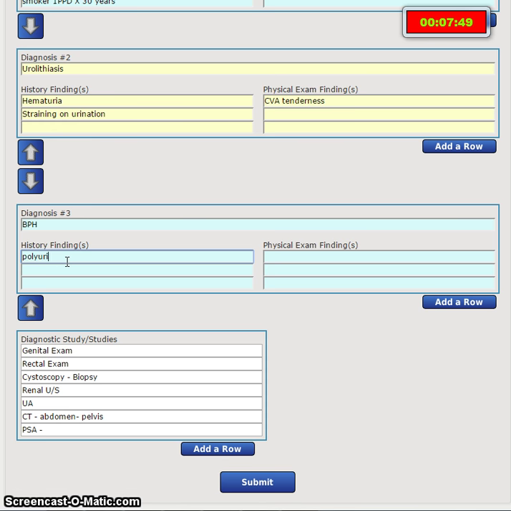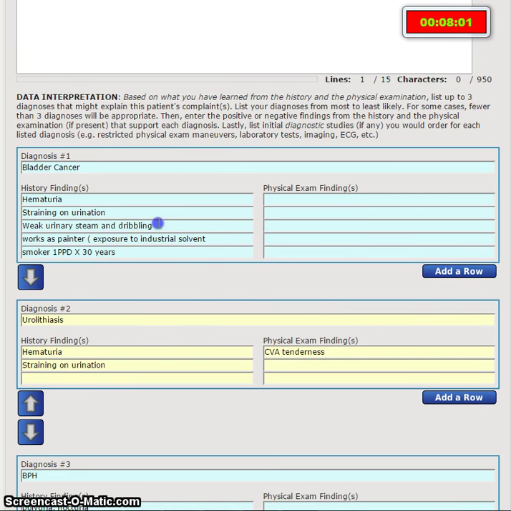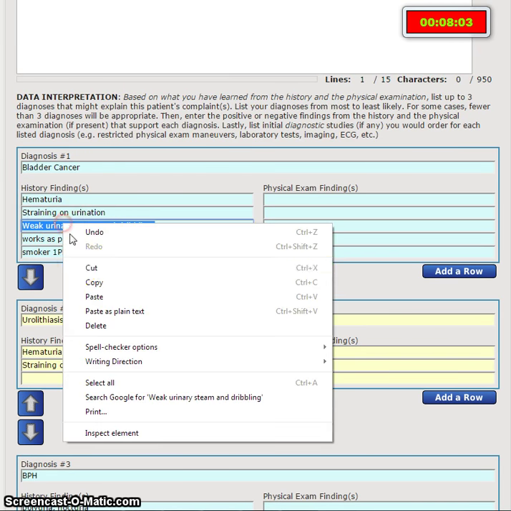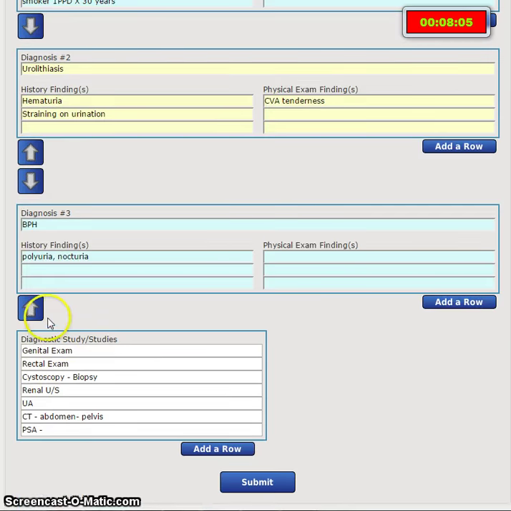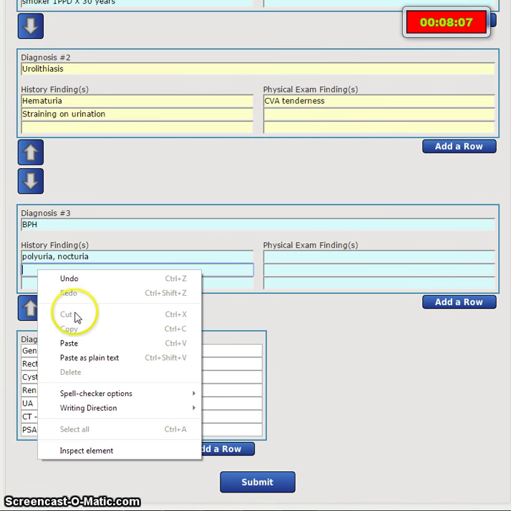Then there's always some left over of the urine portion. It accumulates and causes the secondary polyuria, and getting up at nighttime to use the bathroom. And weak urinary stream and dribbling could be specific for the benign prostate hyperplasia.